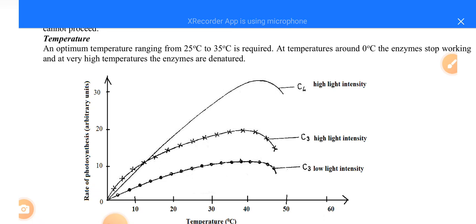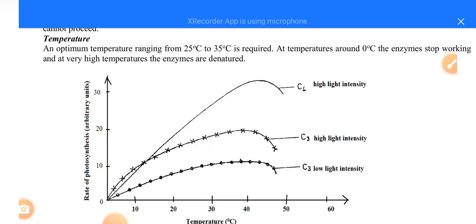Then our last observation is that there is an increase in the rate of photosynthesis with the increase in temperature, up to about 40 degrees Celsius. Remember that at this temperature, the increase in temperature activates enzymes.